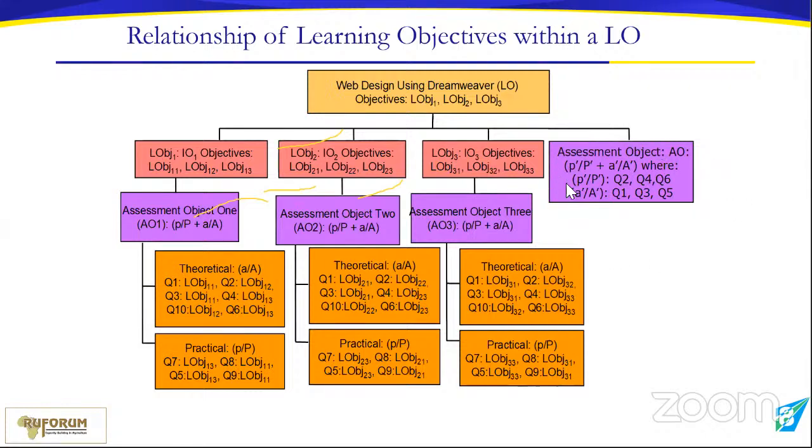You can have a number of assessments per each objective, and you can see each learning objective has some form of assessment. Then each of them has some theoretical part, which is basically the content object. And then we also have the practical object as well. So this is how you structure your material as you design it.